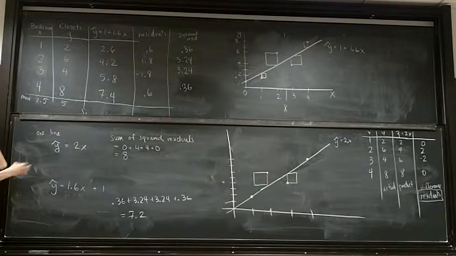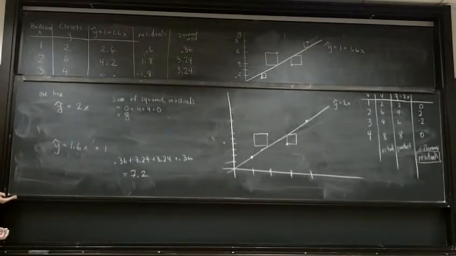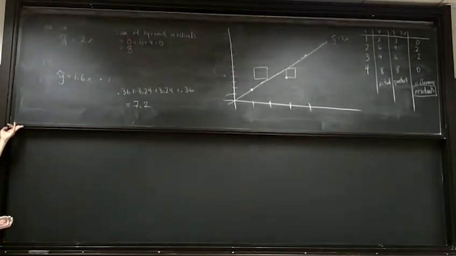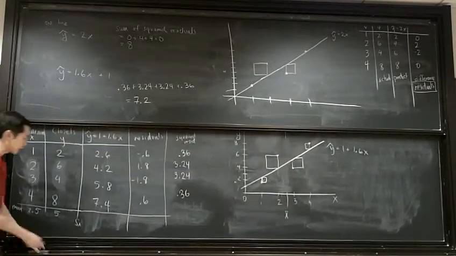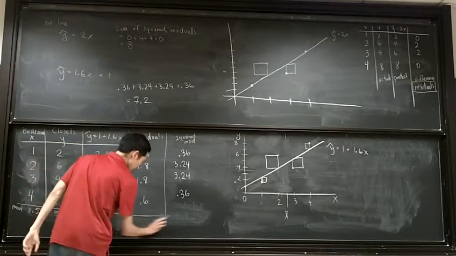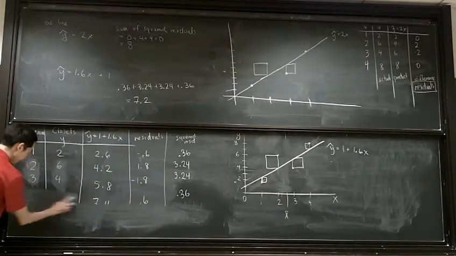Okay. Now, of course, these are not the only two lines that are available. You'd have to try thousands of them, and you'd have to figure out the squared residuals, okay? But we don't want to do that, so I'm just going to fast forward to the answer that a bunch of other smart people figured out for you.